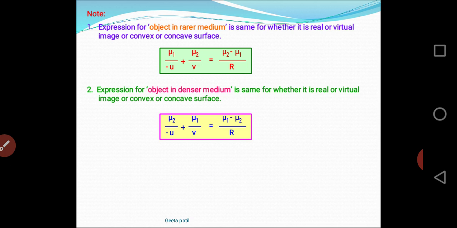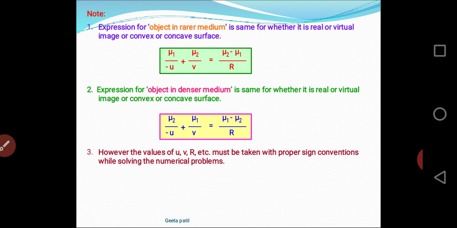Just concentrate on these two equations. When the object is placed in rarer medium, you should write the equation mu1 by minus u plus mu2 by v is equal to mu2 minus mu1 by R, or when the object is placed in denser medium, you should write the equation as mu2 by minus u plus mu1 by v is equal to mu1 minus mu2 by R. However, the values of u, v, R, etc. must be taken with proper sign conventions while solving numerical problems.